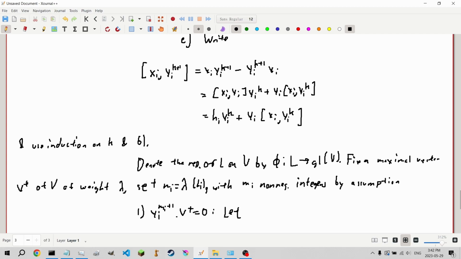So we're going to let W be our yi to the mi plus 1 on V plus.